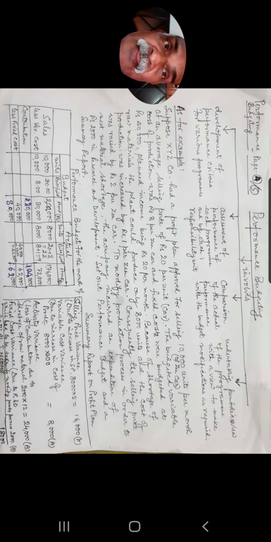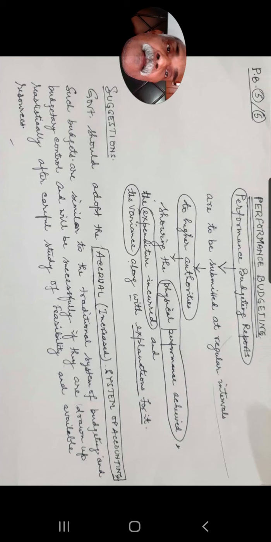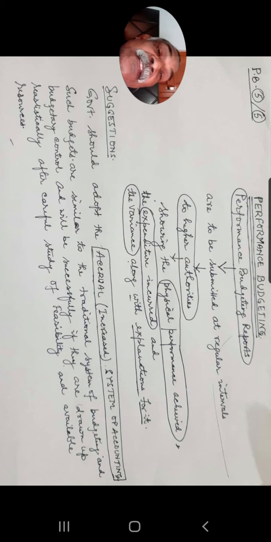If not, then we will discuss again. Now, this performance budget reports what? To be submitted, because we have prepared the report. We prepared the performance budget. We prepared the summary report. And this summary report we have to submit at regular intervals.